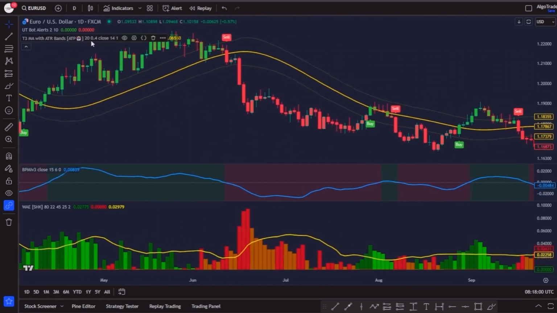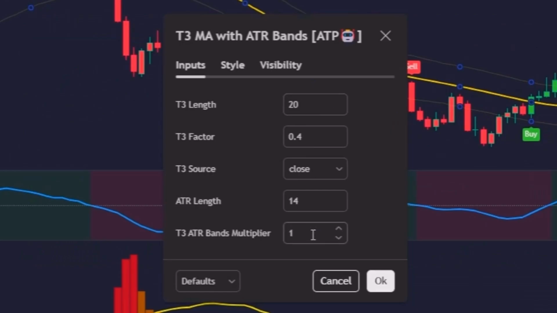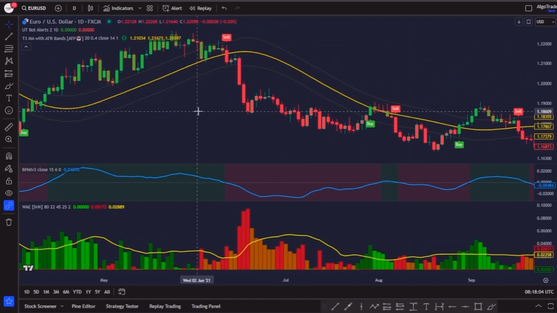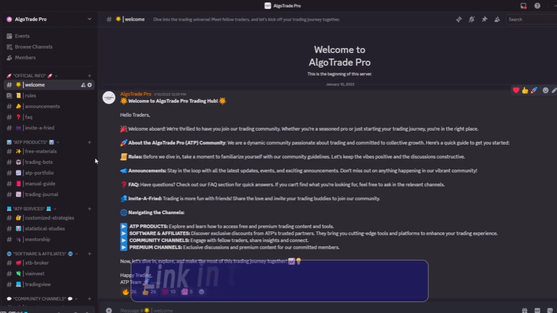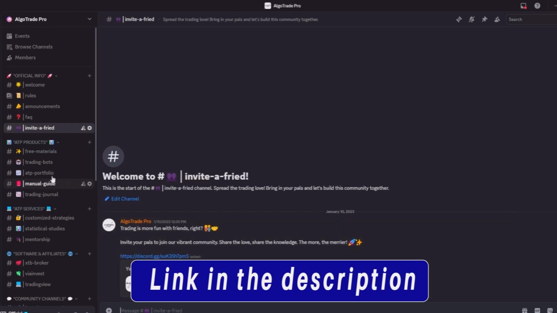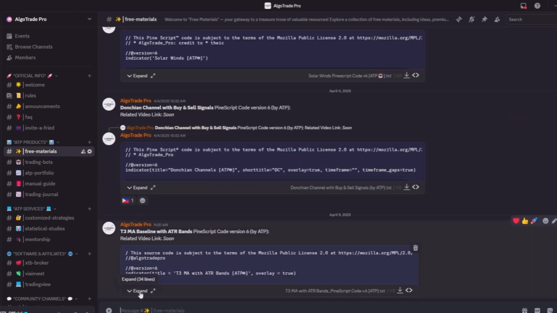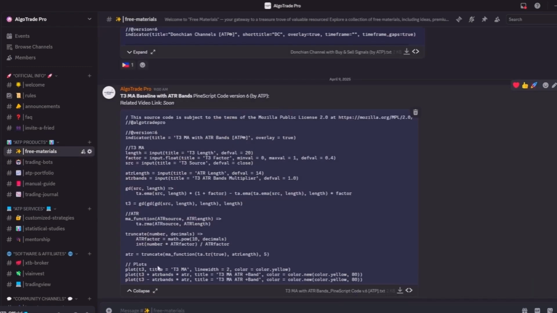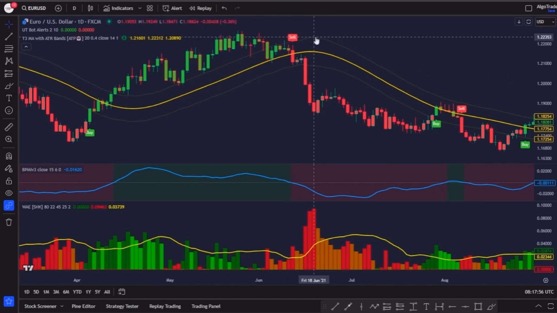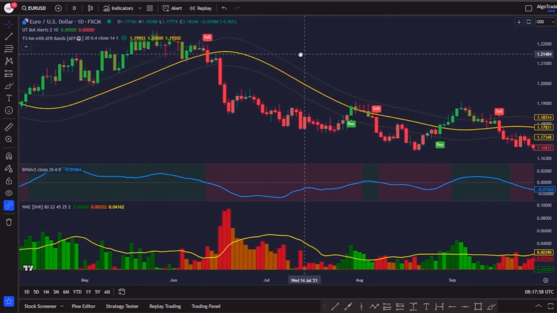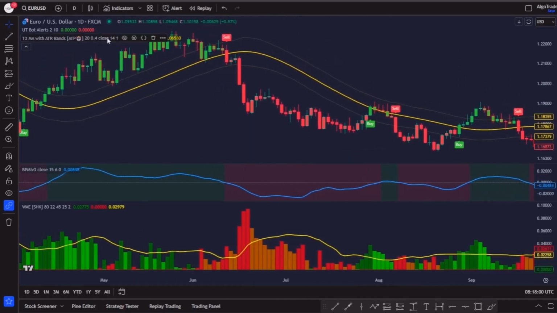Although it's not available on TradingView by default, you can download the full version for free on my Discord server. Just click the link in the description, head over to the free materials channel, and there you will find the code and instructions on how to import it into TradingView. This tool can be used both as a baseline and as a trigger, depending on the situation.